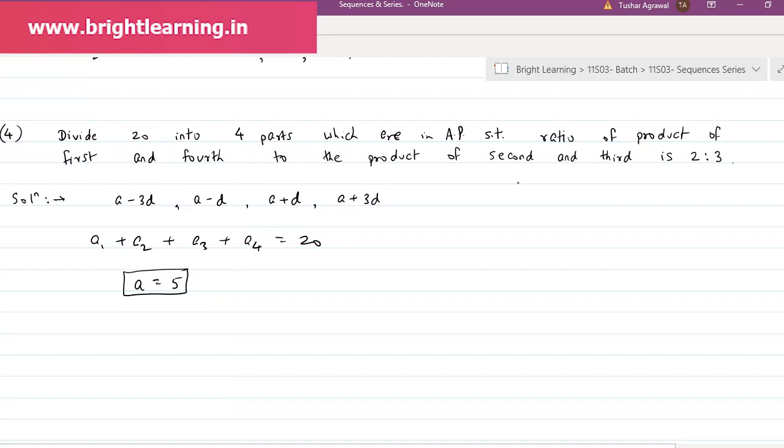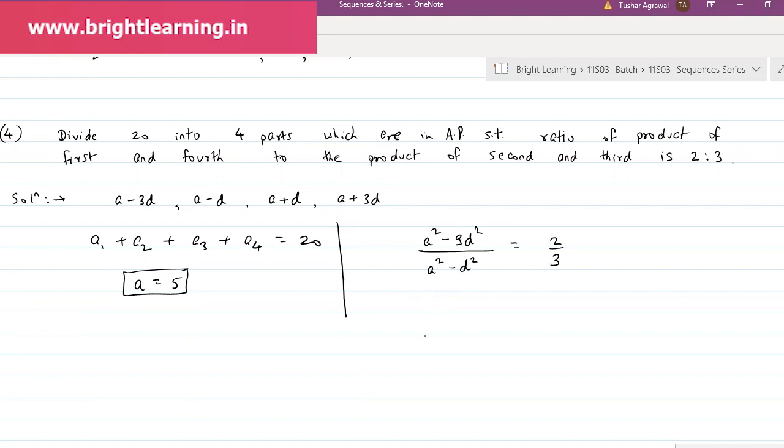After that, the ratio of the product of the first and fourth. The product of the first and fourth is a square minus 9d square, and the product of the second and third is a square minus d square. This is given as 2:3. So let's substitute now.